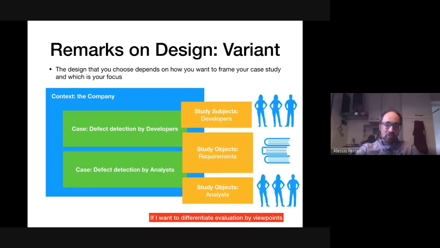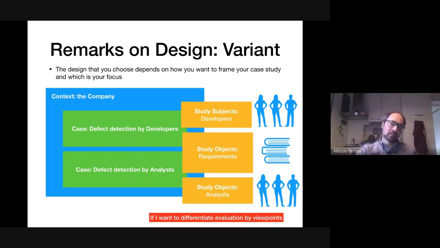This is another possible variant. So defect detection by developers or defect detection by analysts. So this is another way of embedding, of having two different embedded units. So on one hand, you have the developers, and on the other hand, you have, here there is a typo, but it's study subjects, the analysts, and the study objects are the same requirements.